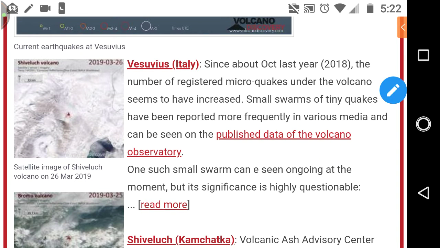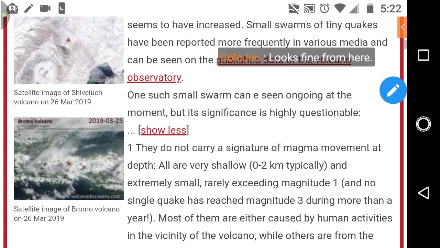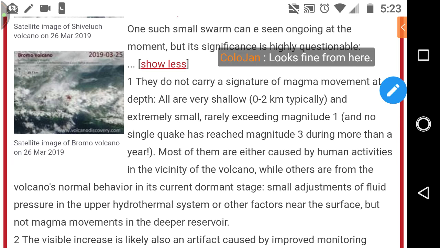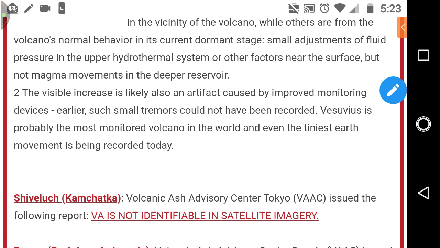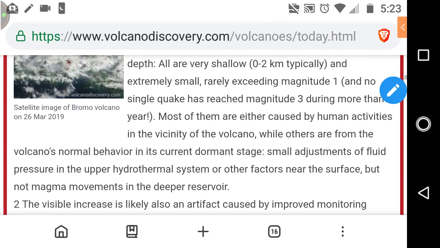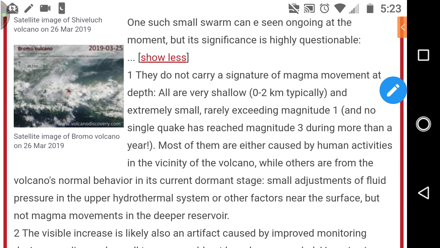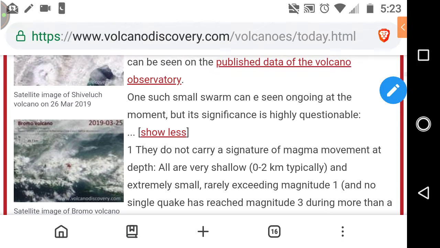We see Vesuvius back to erupting. A swarm of quakes at Vesuvius. And what they're saying is that it's really heavily monitored. It doesn't look like anything too extreme is going on.